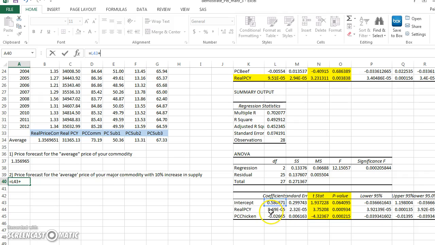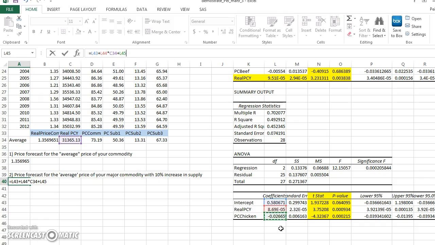We're going to include our coefficient for the real per capita income times the average of real per capita income. Remember, now we base our estimation on the average values of each of the variables. Click plus.